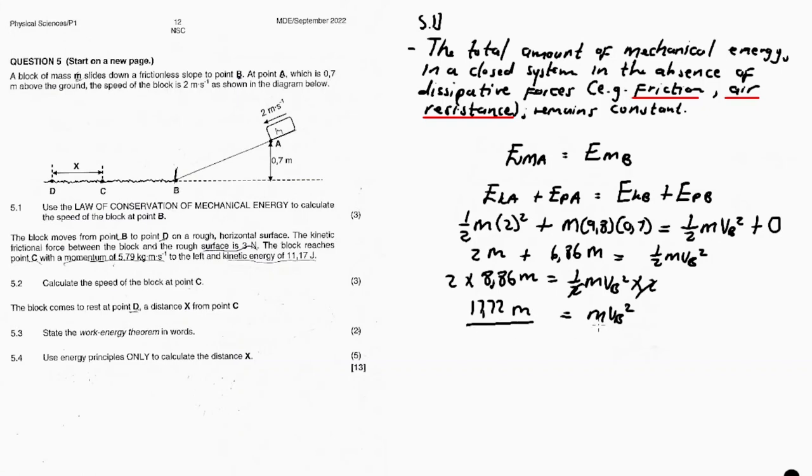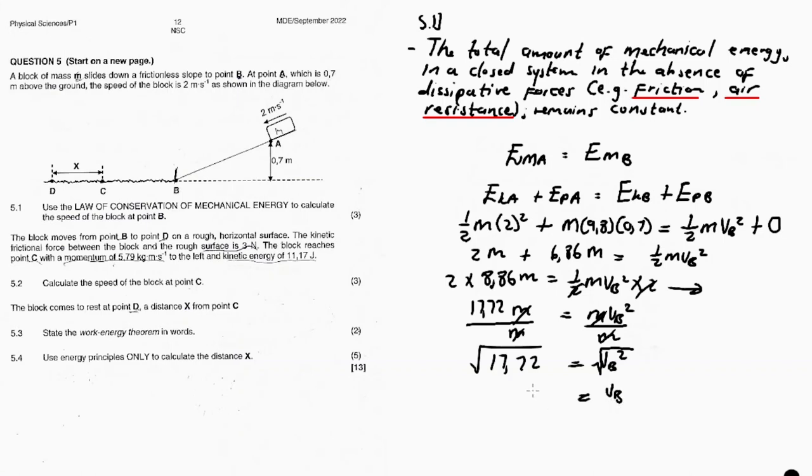Divide both sides by m, cancel m. I want VB to be the subject of the formula, so that's why I divide by m. Or you could divide by half m on both sides and you would end up at the same place. Then take the square root on both sides of the equation.